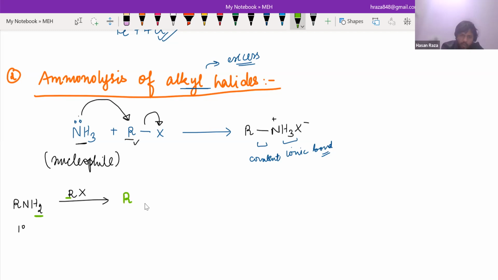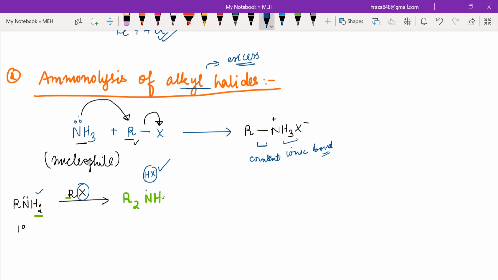You will get R2NH, because you are going to replace. That means basically you are eliminating one hydrogen and adding R. So it will be R2NH, and this X and H will combine to form a byproduct, that is HX. Are you getting my point? Yes or no? Yes, sir.